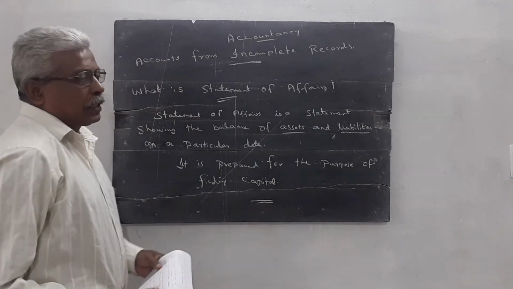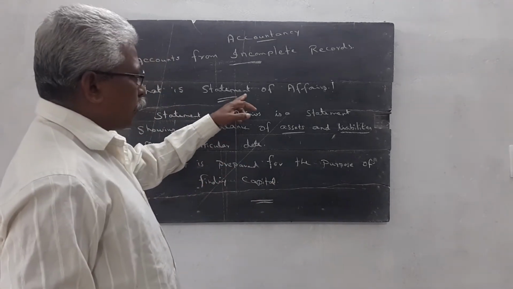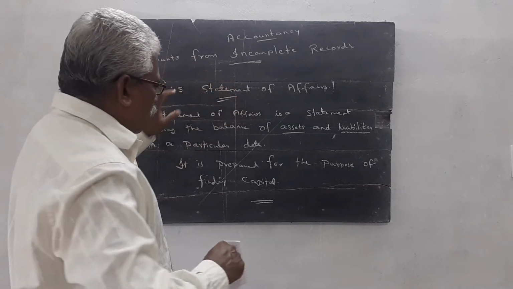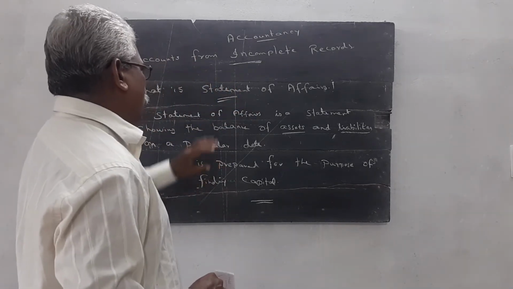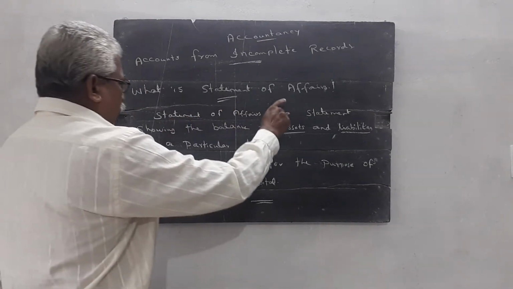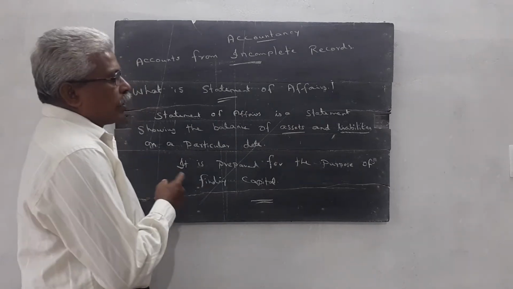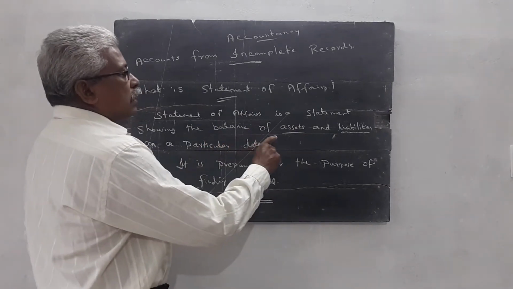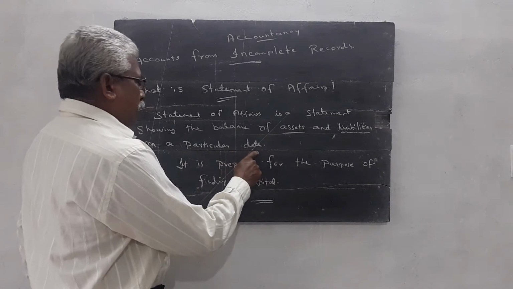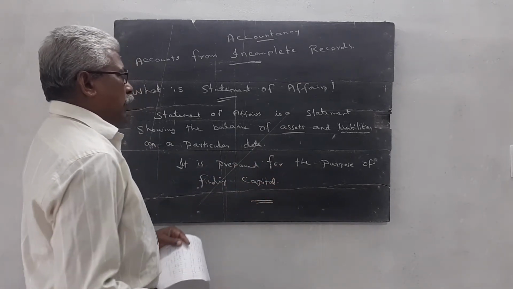If the capital is not given in the question, with the help of the statement of affairs, we can find out the capital. Once again, what is statement of affairs? Statement of affairs is a statement showing the balances of assets and liabilities on a particular date. It is prepared for the purpose of finding capital.